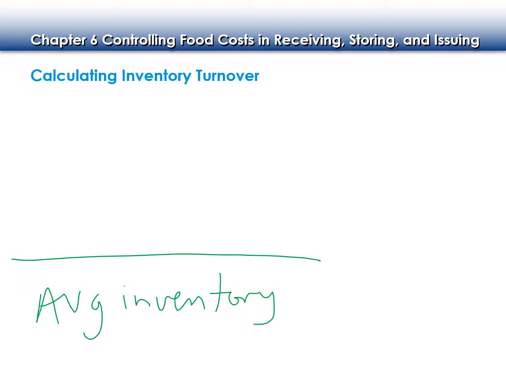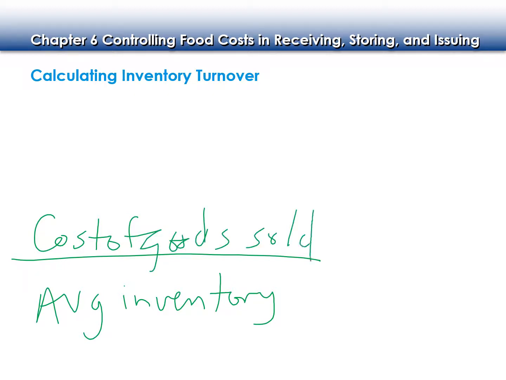Not cost per unit. Check your book. We're towards the end of the PowerPoint, so it's towards the end of the chapter. The cost of goods sold, divided by our average inventory.